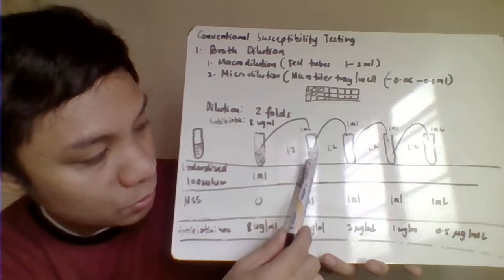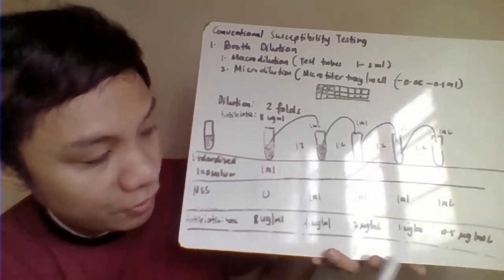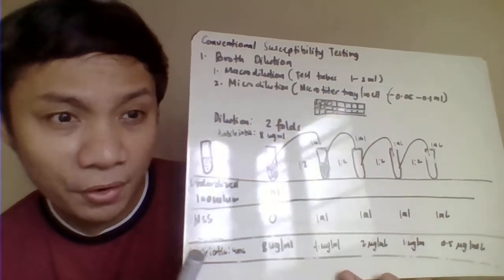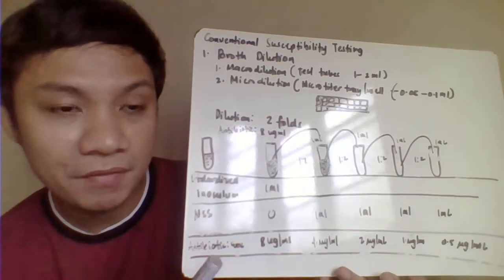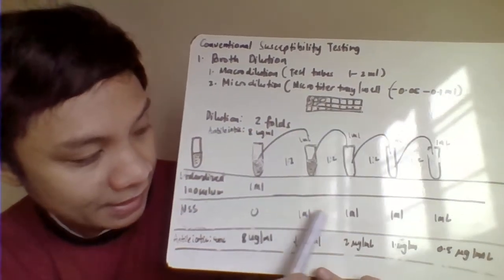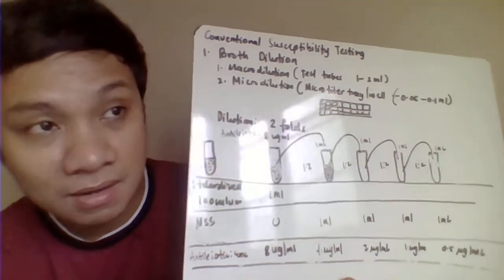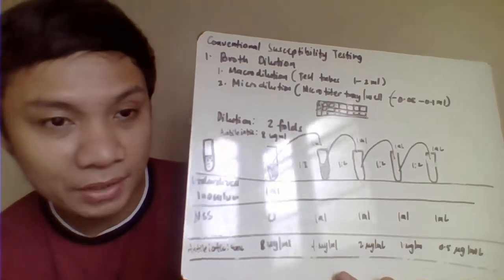Beginning on tube number 1, 2, 3, 4, 5, so tubes number 2, 3, 4, 5, you add 1 ml of your diluent in the form of your NSS. Or you can also use your broth medium in the form of your thioglycolate. But not on the first one because the first one contains the concentrated or the highest concentration of your antibiotic.